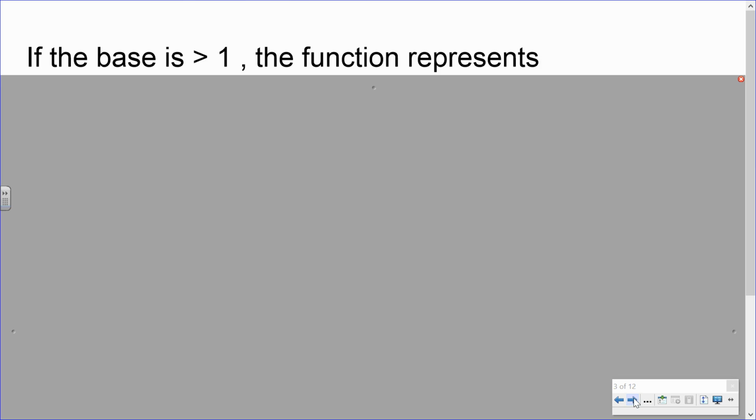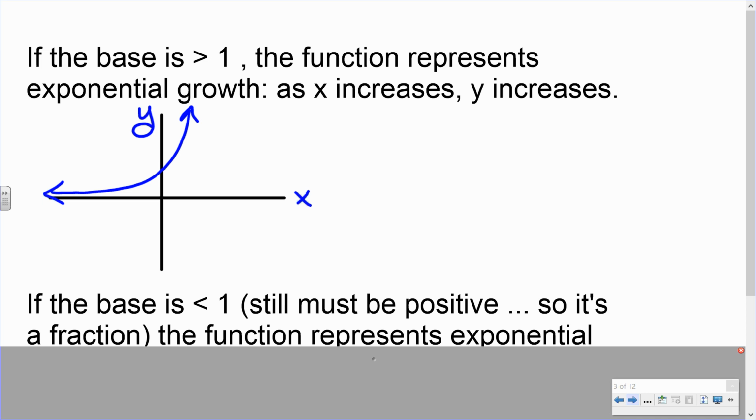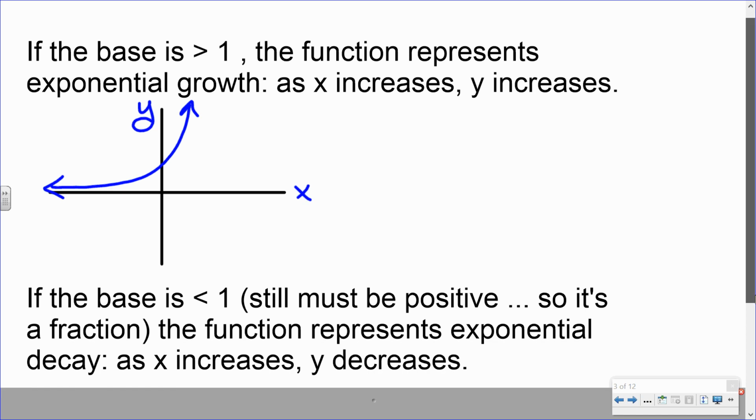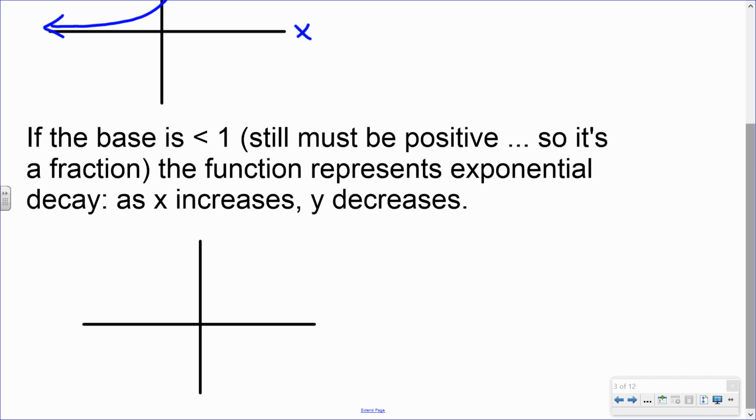Summarizing what we were talking about, we have growth when we have one that starts out near the negative x-axis and then shoots up. And we have decay if it starts out up high, comes down, and then approaches the positive x-axis.